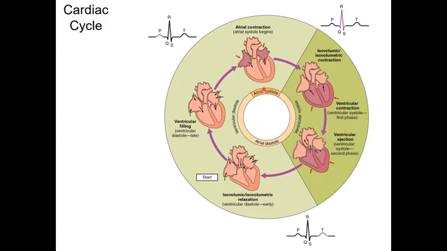When the artery is contracting, its pressure is high, and we call this systolic blood pressure. When it is relaxed, we call this diastolic blood pressure.